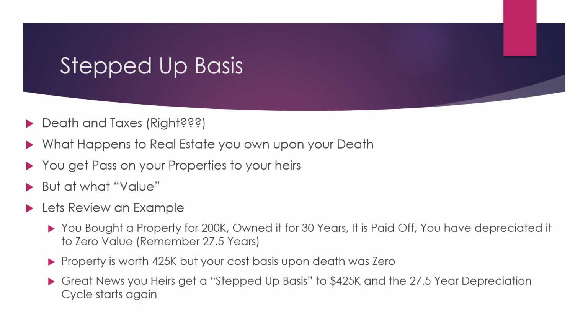So they take it over, and the new value is established at 425, and they get to start the depreciation cycle all over again. Let's just assume it was a house. They get to start taking depreciation at 425, minus land value. So in essence, you've escaped paying taxes because you've passed on.